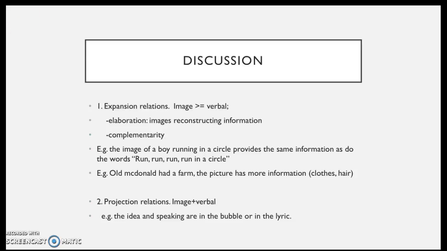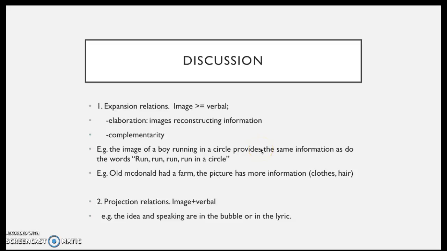So I wrote: images provide more than or equal to the verbal information. There are two subclassifications: elaboration and complementarity. Elaboration means the images reconstruct information already provided by words without adding any new information.